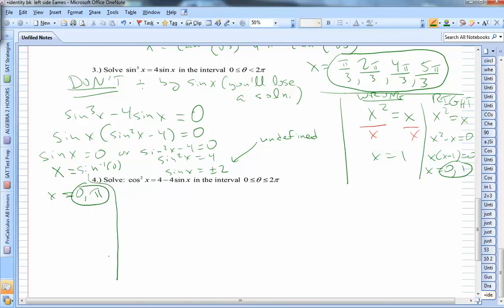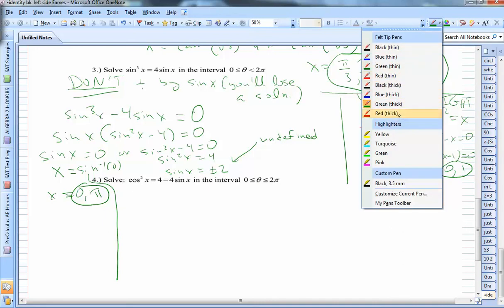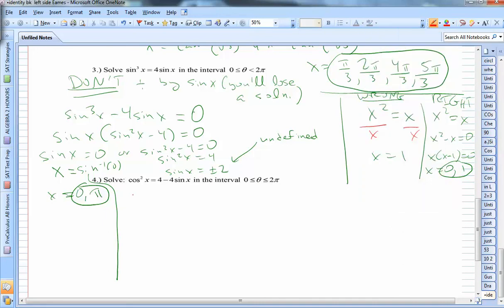Lastly, cosine squared x equals 4 minus 4 sine x. Again, what we're going to do is we'll move everything to one side, just like we did in number 3.